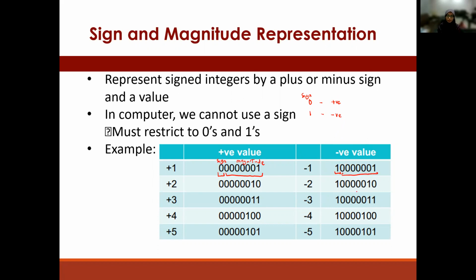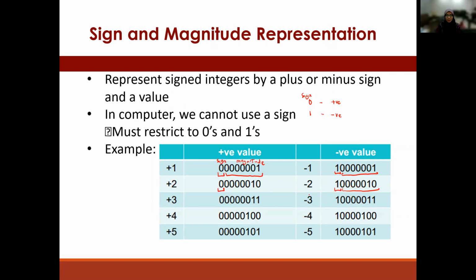For this representation, the magnitude has the same value, and the difference is the sign. If you have, for example, 0 0 0 0 0 0 1 0, this is a positive 2. If you want to represent negative 2, you just change the sign bit to 1 followed by the same magnitude, 0 0 0 0 0 1 0.